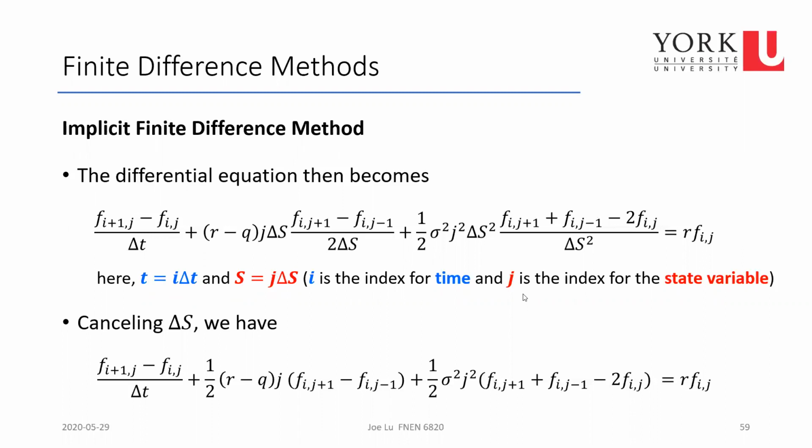So if you are at time index i and stock index j for the state variable, you have a whole bunch of delta S that you can cancel out.